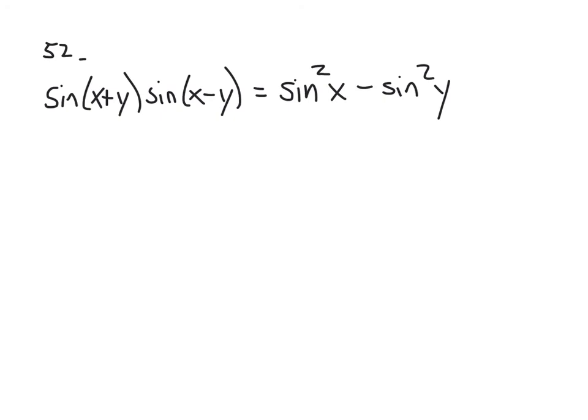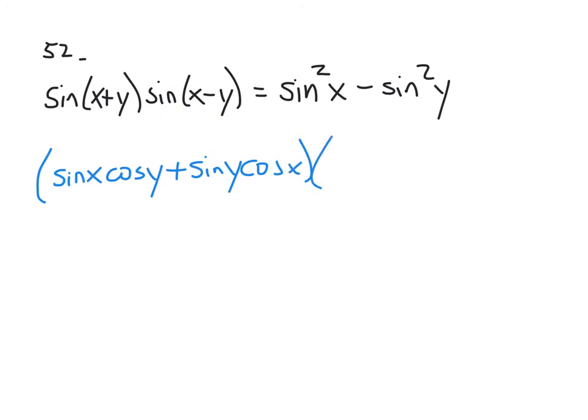But sine of x plus y is the same as sine of x times cosine of y plus sine of y times cosine of x. And then the sine of x minus y is sine of x cosine of y minus sine of y cosine of x.